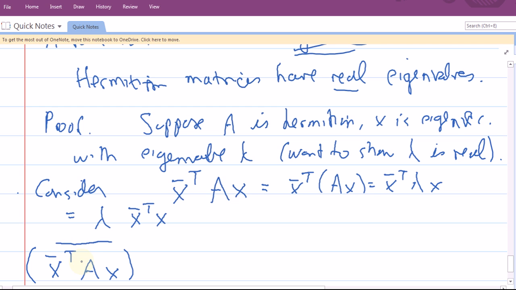I can take the complex conjugate of these individual factors here. So that's going to be x conjugate transpose, and take the complex conjugate of that, and then A conjugate, and then x conjugate. Now, the two conjugates cancel each other out, but I still have the transpose.